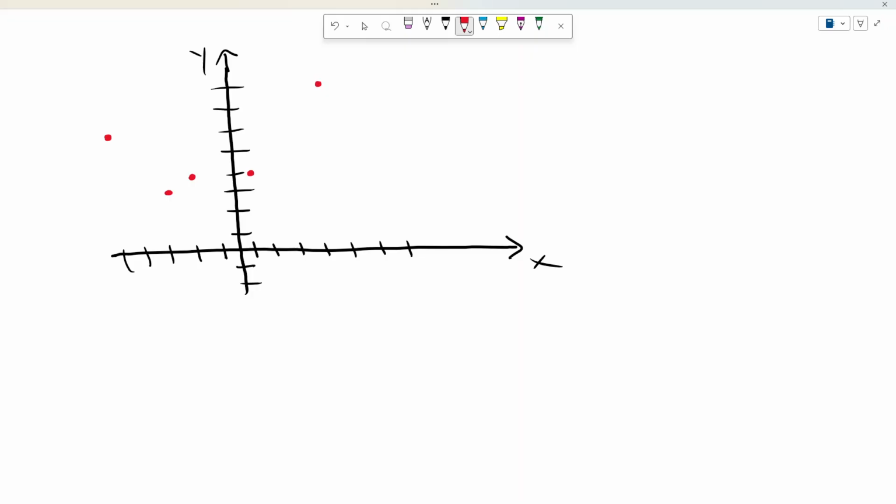Try and line these up for us. Okay, these connected.